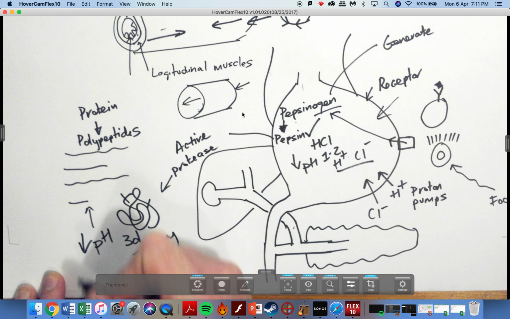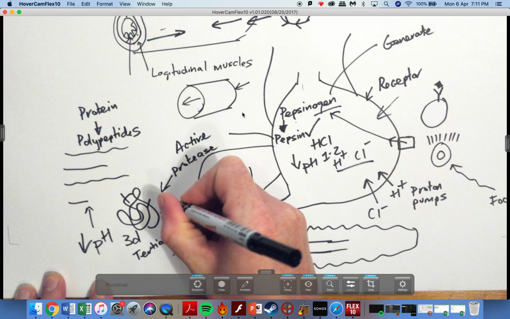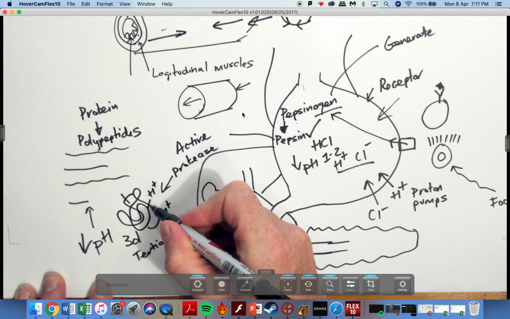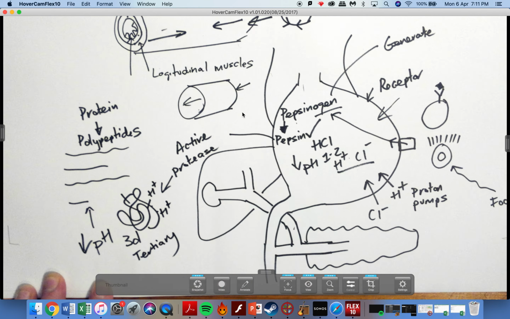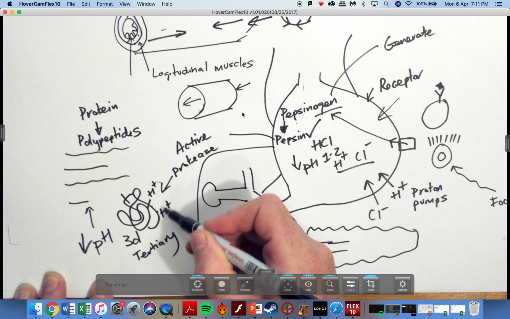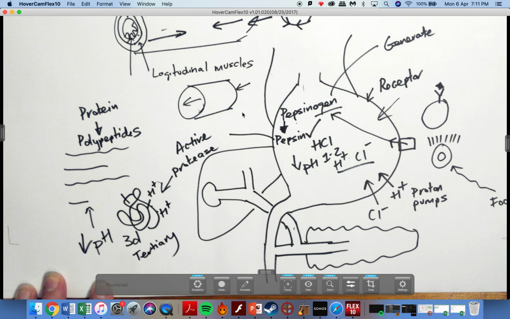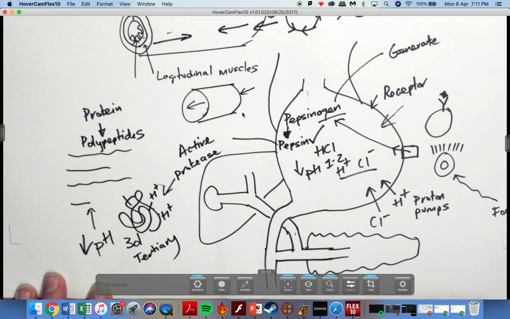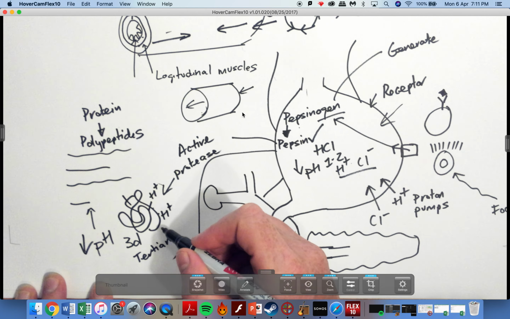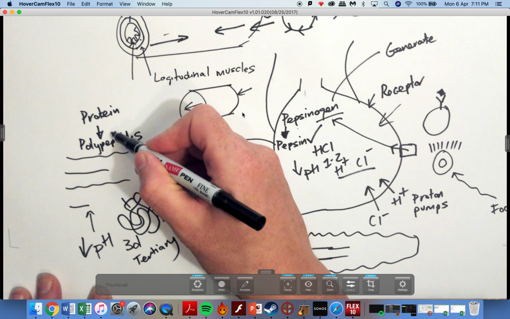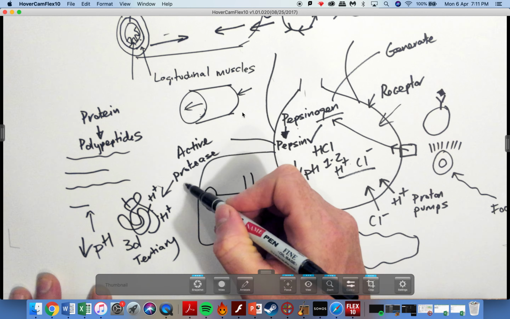So if we've got a low pH, all these H pluses are going to go in and they're going to interrupt the bonding here. So we start to lose shape. It will denature proteins, but H plus doesn't digest fully. So for that, we need our protease enzymes.